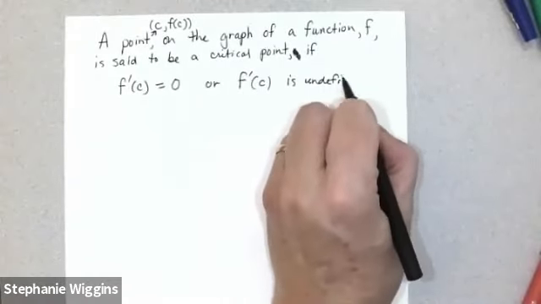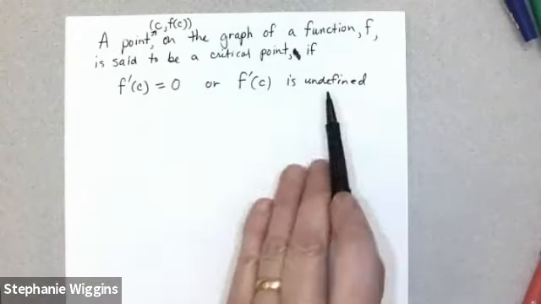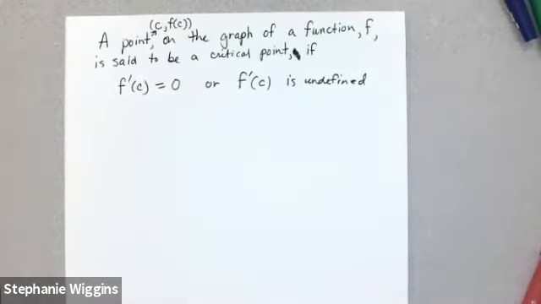And I gave you an example of each situation. So either the derivative is 0 or the derivative is undefined. Either way, if you have that, then you have a critical point. And a critical value is the x value of the critical point.